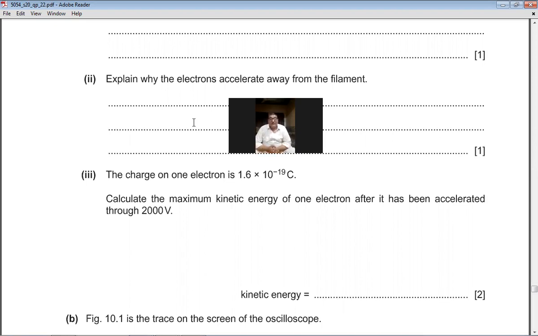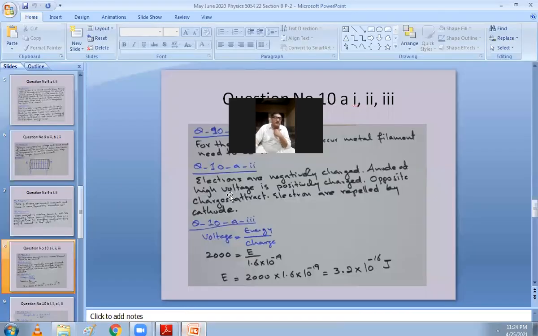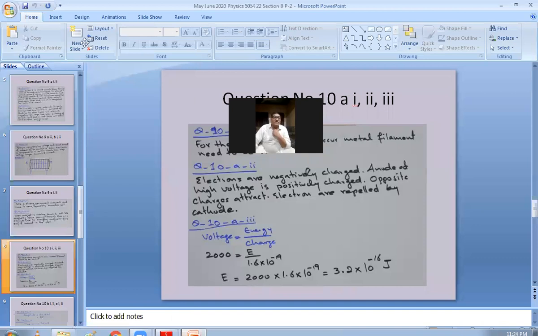Plus the filament is negatively charged. It's like a cathode, and it also repels them. It repels them, and the anode attracts them. So that's why the electrons will be accelerated. It's a 1 mark question. Let me show you my answer, and then we will check the marks.